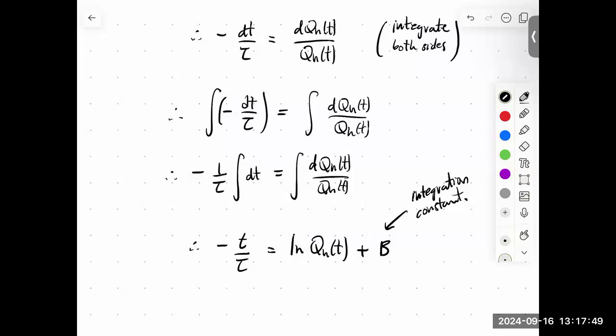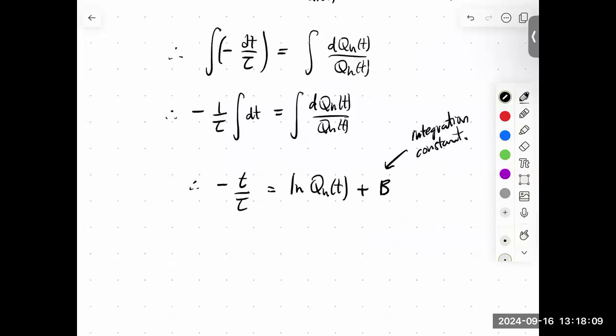Okay, so this is the integration constant that I was talking about that we're going to need to determine, and we're going to use our initial conditions to find that constant. But let's rearrange things first.